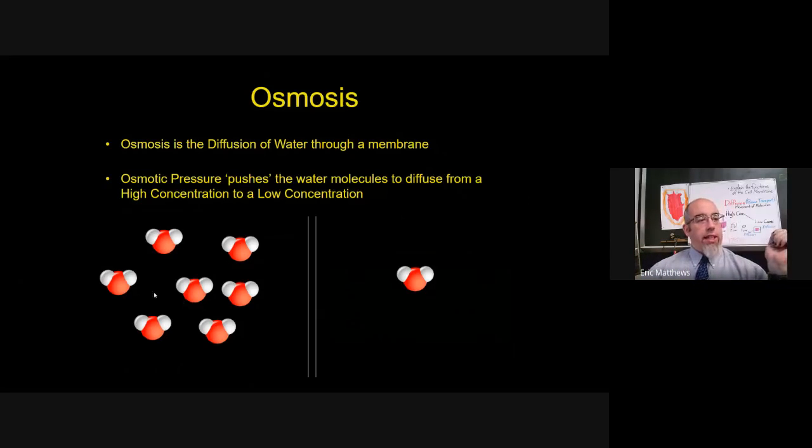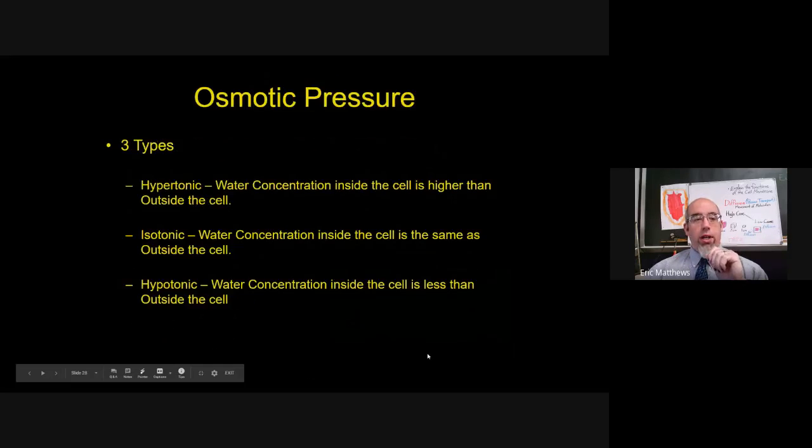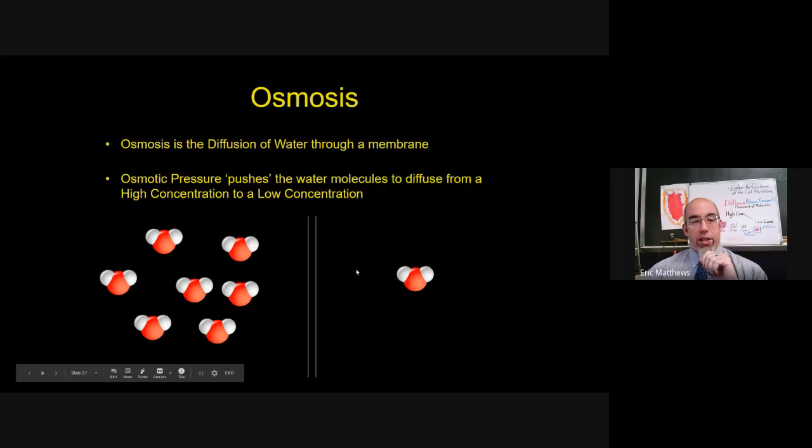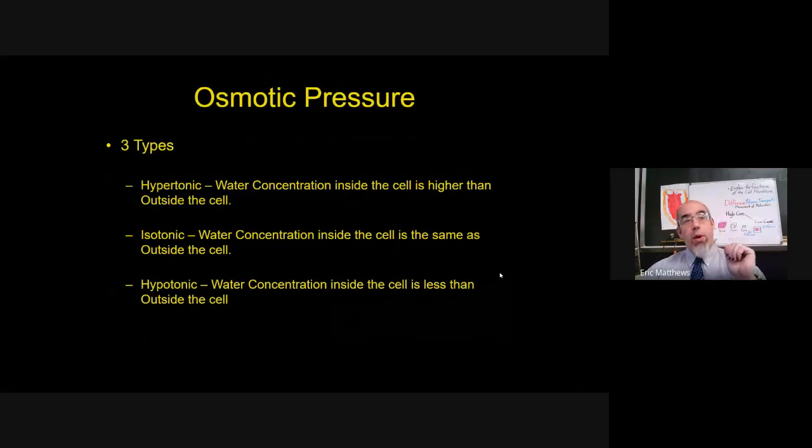So here we see that on one side, all of these are water molecules. We have 7 on the left, 1 on the right. So they're going to move here to the right, over to this side, try to even out from high concentration to low concentration. Now we're going to have 3 different types of osmotic pressure that you need to know. Now each one of these is really, look at the prefix.